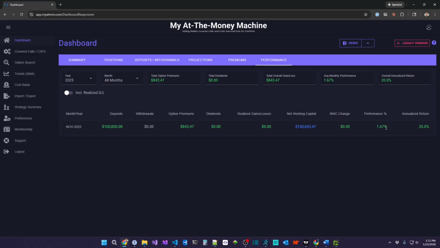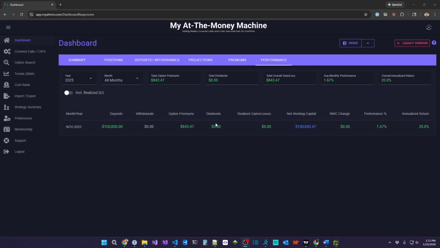So that's a little less than my 1% goal. But we had a lot of other working capital, so we could have technically been in another position on another ticker and made even more. So it's an aggregate. It accumulates all the premium across all the tickers you're working with to show you whether or not you're meeting your goals.